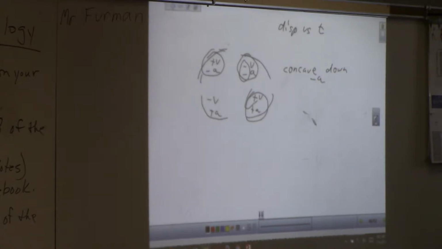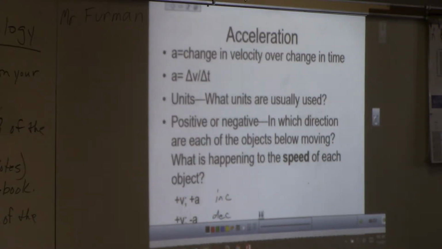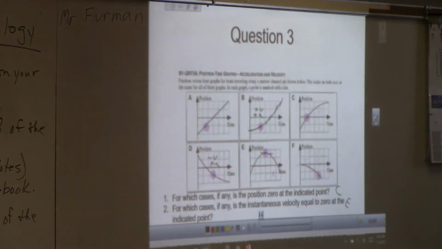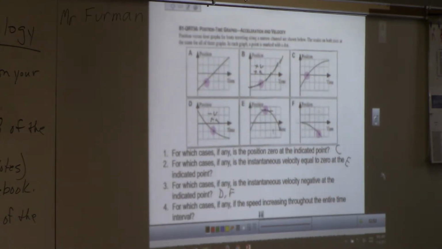So we're looking for a graph that looks either like this or like this. So the speed increasing, definitely B, because we have positive velocity, positive acceleration. And with F, we have negative velocity, negative acceleration.